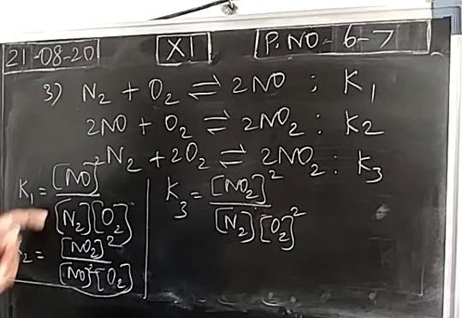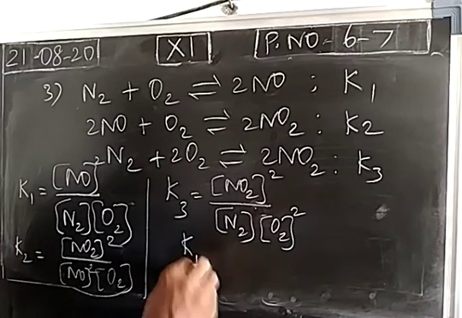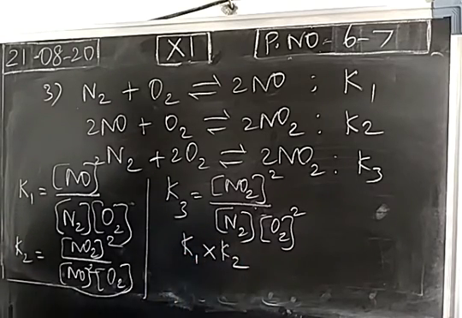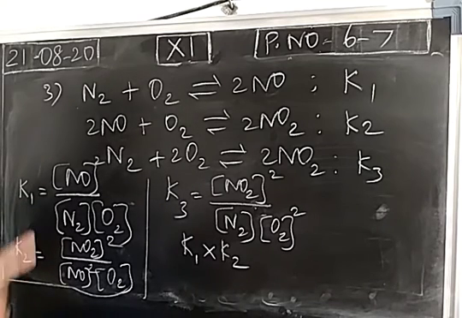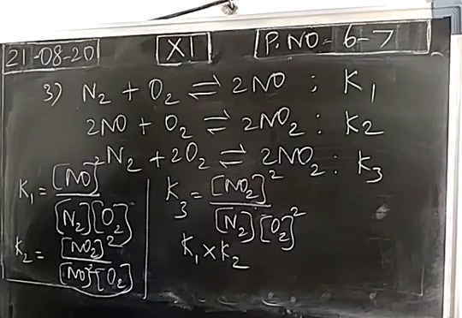Just multiply these two, K1 and K2. When you multiply these two, what will happen? Which will be cancelled?